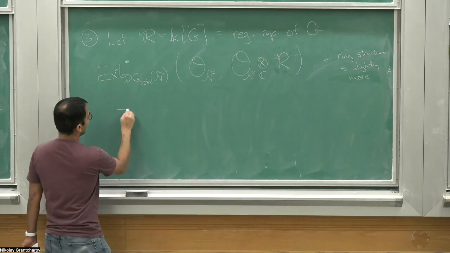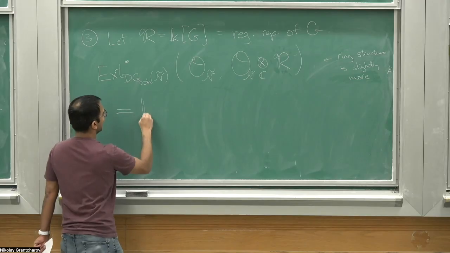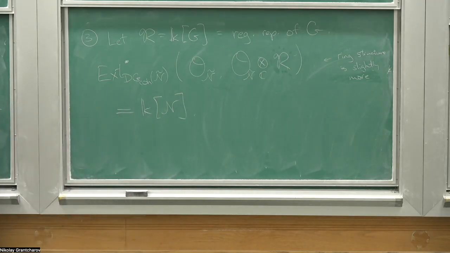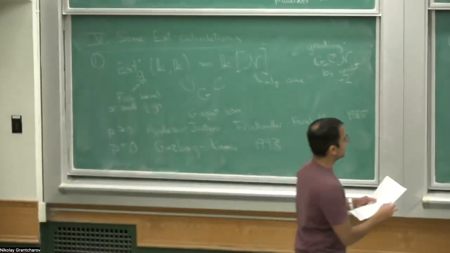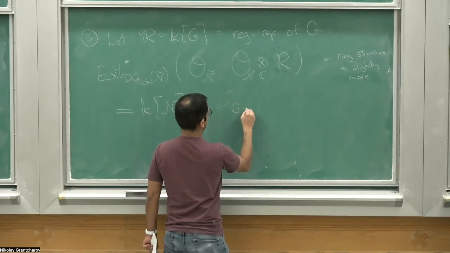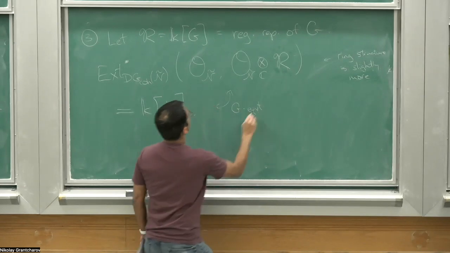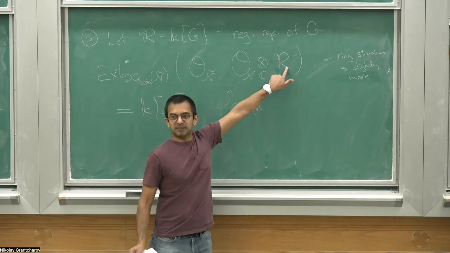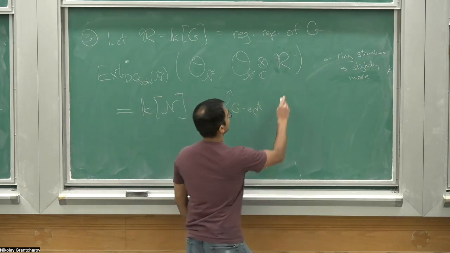And I'll tell you what ring it is. It's the coordinate ring of the nilpotent cone. And this is G-equivariant again. And in this instance, we get the G action because G acts on this.